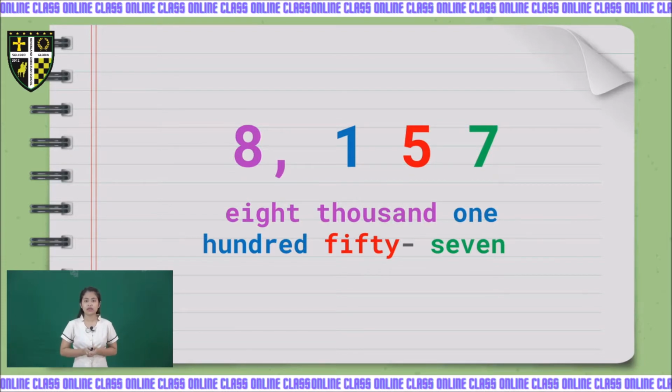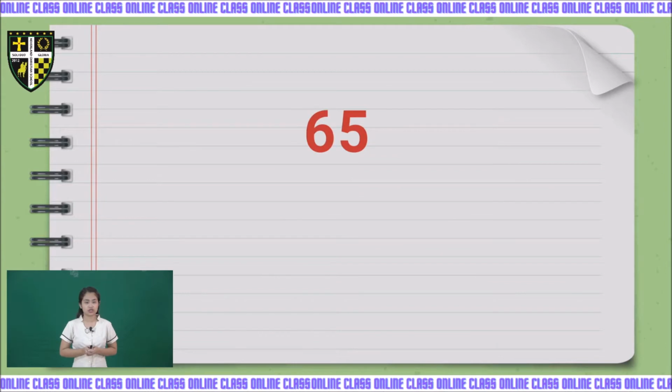So let us dig deeper to understand it. Now we will talk about place value as a review from our last lesson. Here we have the digit 6 and the digit 5, which make the number 65.